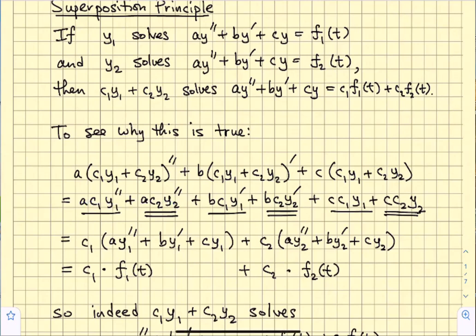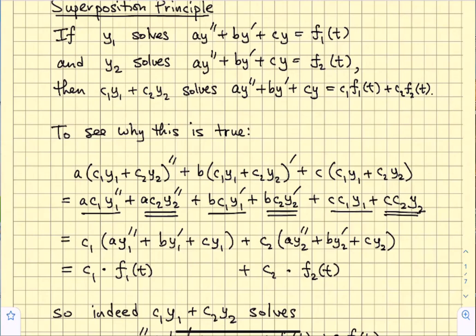Now, let's collect all of the terms that have a y1 in them. So here we have a c1 y1 double prime plus b c1 y1 prime plus c times c1 times y1. They're all the single underlined terms. And then let's group together all of the terms that have a y2 in them, and these are the double underlined terms.